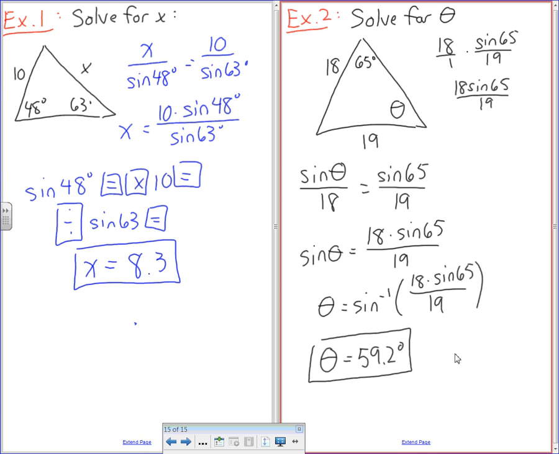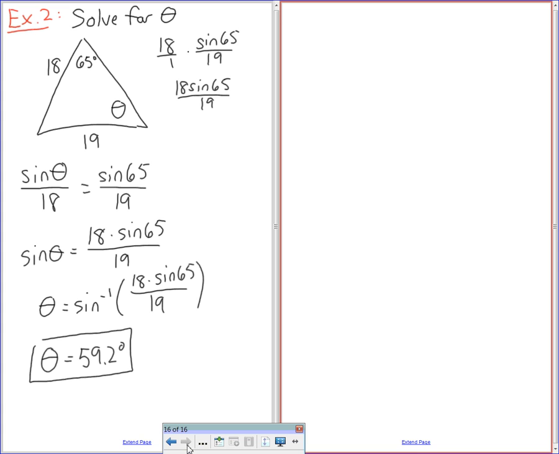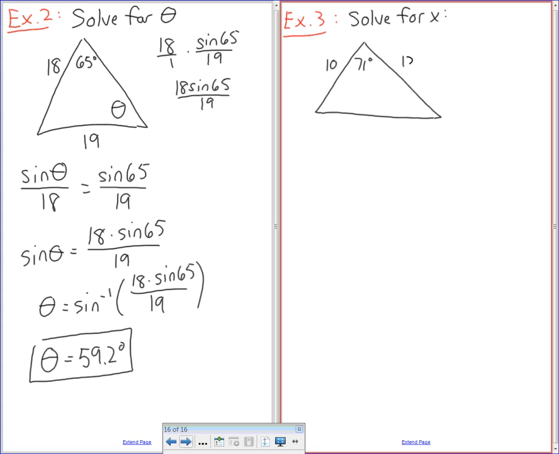Here we go, example 3 is going to be cosine law. Now, I told you guys already this would be cosine law, because I'm good like that.